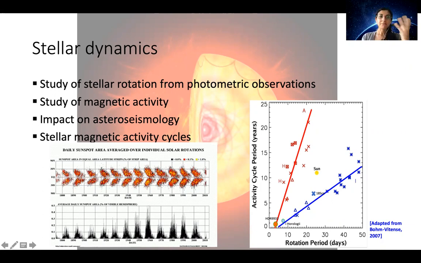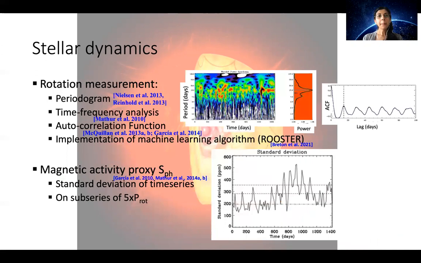So by studying stellar magnetic activity cycles, it's interesting to make this solar-stellar link in order to understand the evolution of the dynamics of the sun in the future. So to study rotation from Kepler-like photometric data, we can use periodograms, time-frequency analysis, and the autocorrelation function. We have also recently implemented a machine learning tool, ROOSTER, which is using a random forest algorithm.